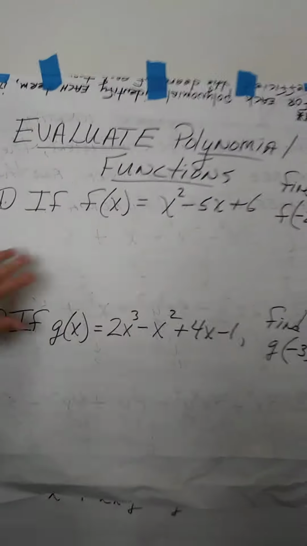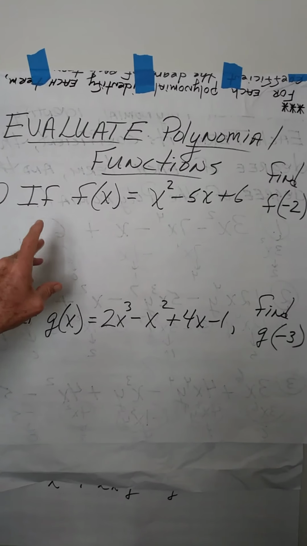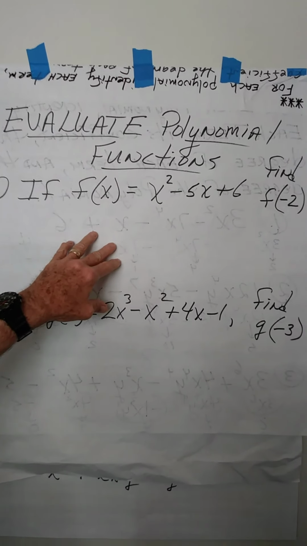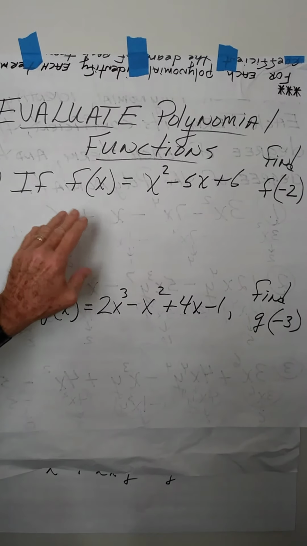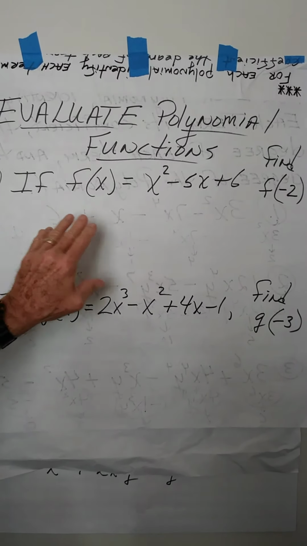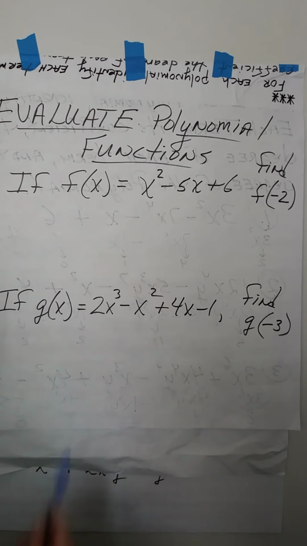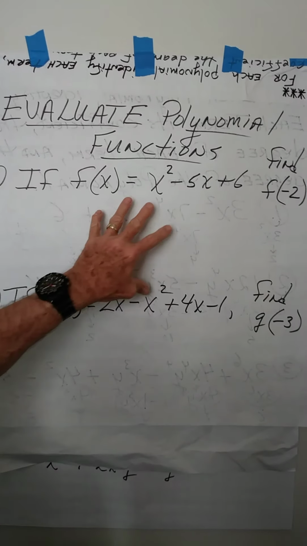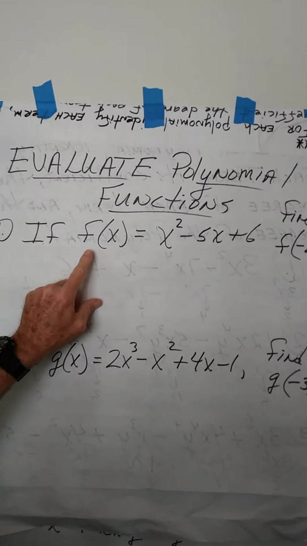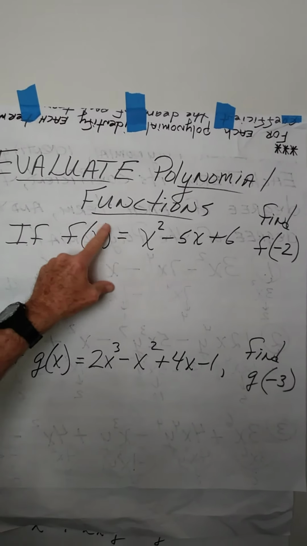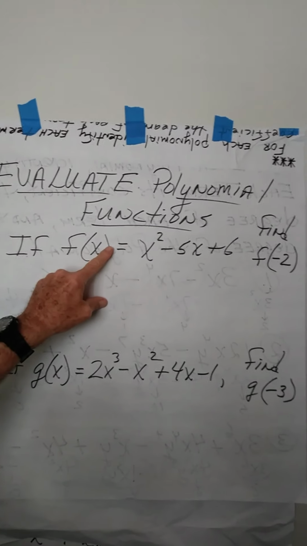We have already evaluated functions. We just didn't call them polynomial functions at that time, but we've actually evaluated these kinds of functions. This equation that we're looking at on number 1 is a polynomial function because we see the function notation right here.